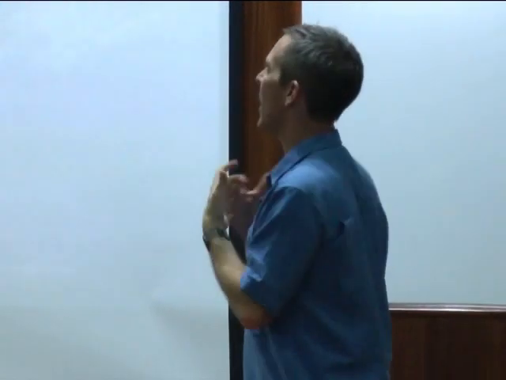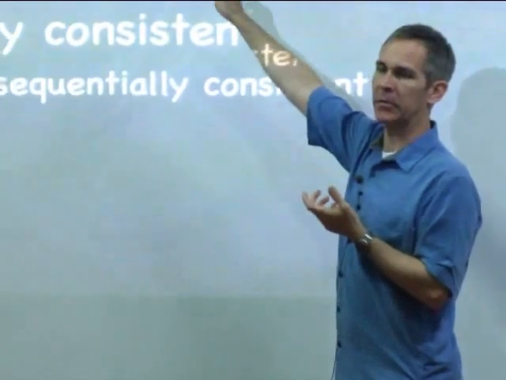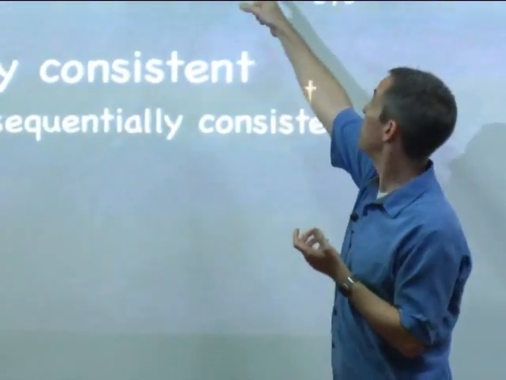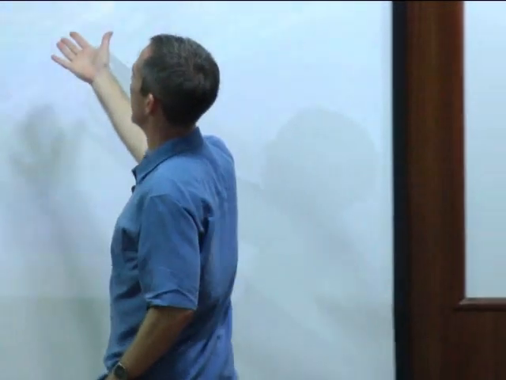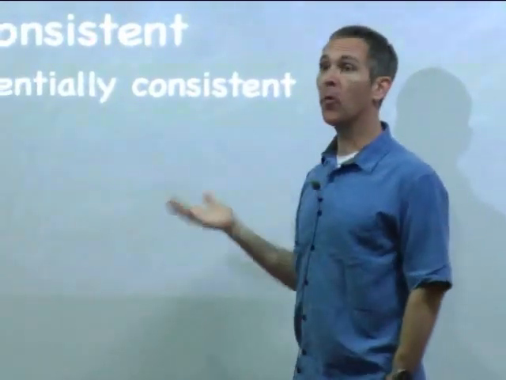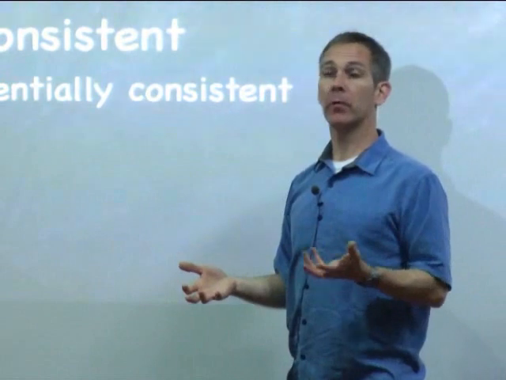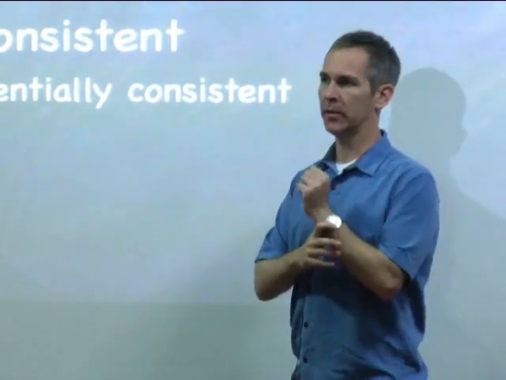They're now entitled to believe that if they were to read A, they would see at least 2, and if they were to read B, they would see at least 5. And it would be weird if that wasn't true. If someone told you, "I just read a 2 and a 5," and you saw a 1 and a 4, you would know something's not quite right. That would be a violation of causal consistency.